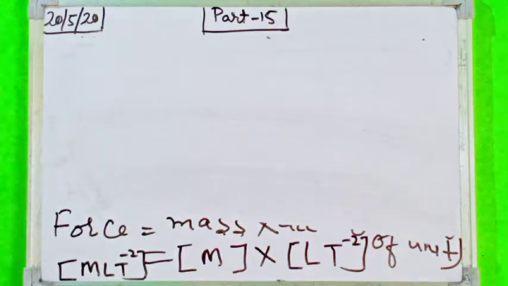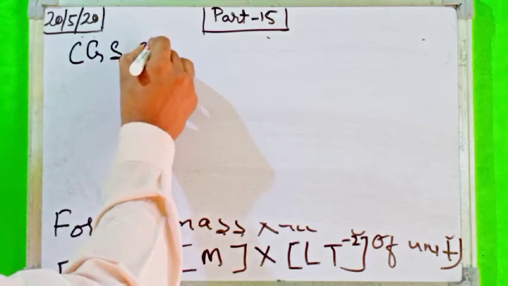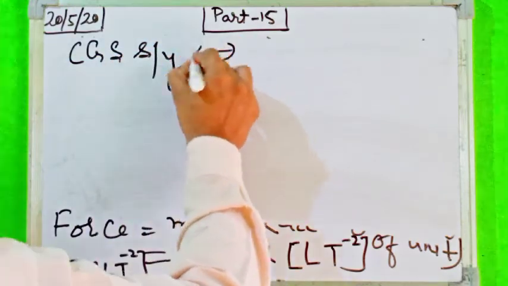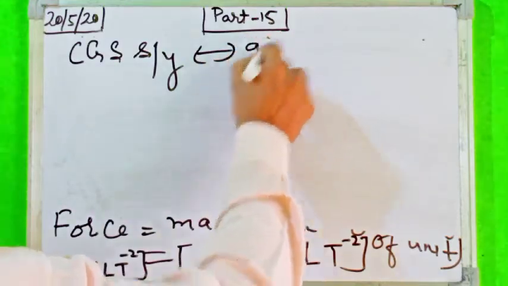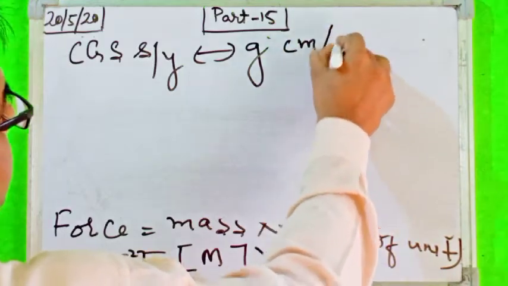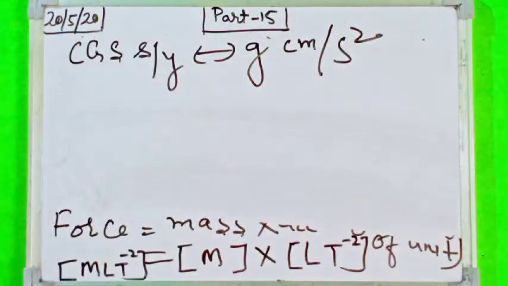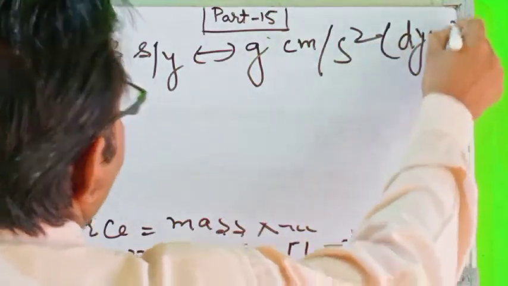In the CGS system, its unit is gram centimeter per second square, which is called dyne.